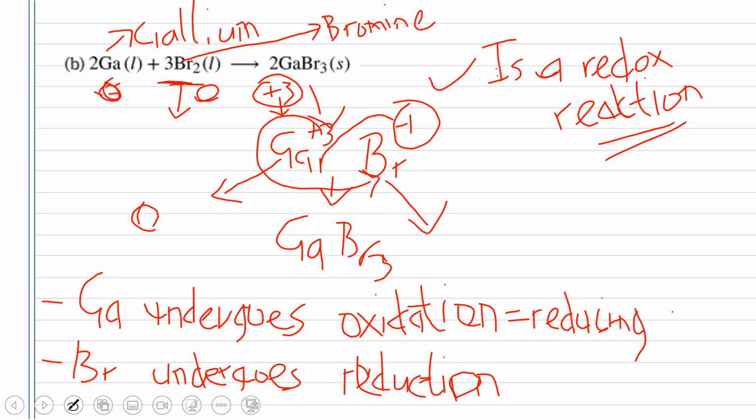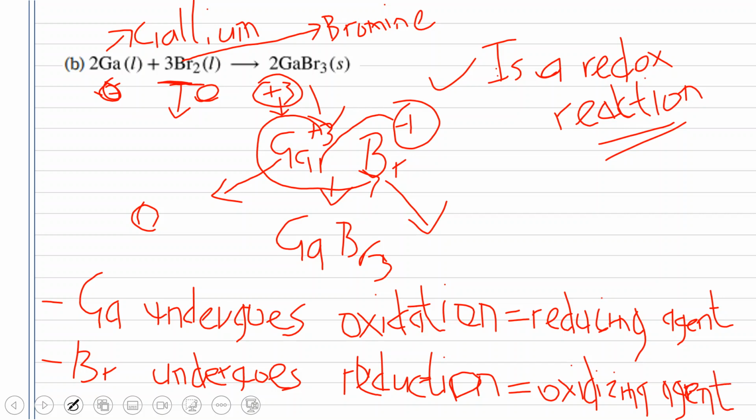So this is the reducing agent. And obviously bromine becomes the oxidizing agent, because it is the one that removed the electrons from the other. It gained the electrons, so it happily helped to remove the electrons from the other guy.